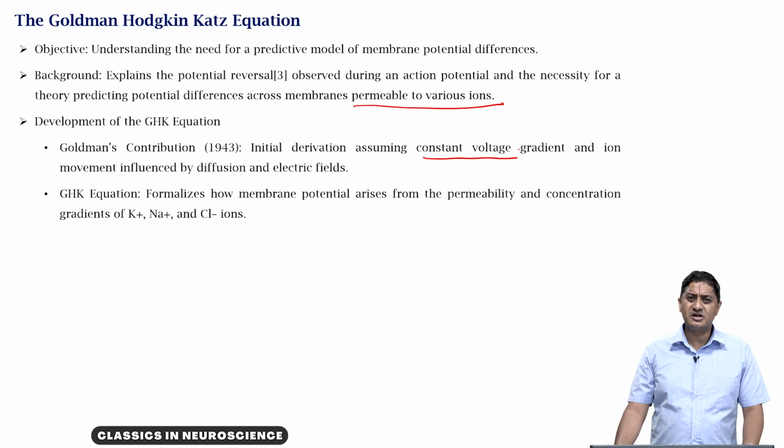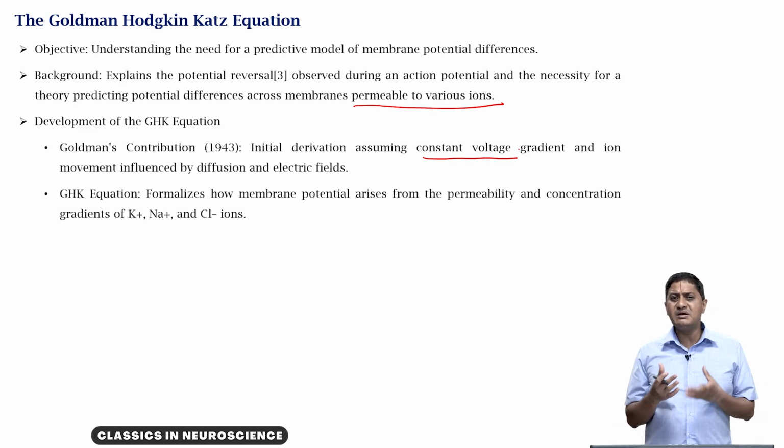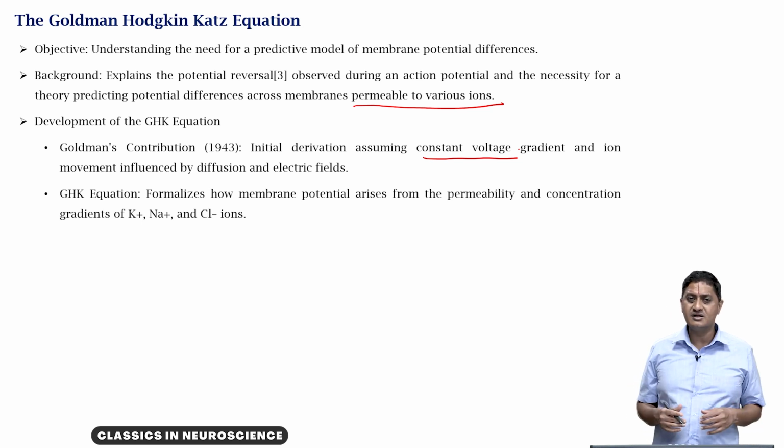This Goldman-Hodgkin-Katz equation, the GHK equation, essentially formalizes how membrane potential arises due to permeability of the membrane to different ions. Remember, different ions have different amounts of permeability. Selective permeability is there, but also the quantum of permeability varies, and concentration gradient. So, there are two things. One is the permeability, the other is the gradient itself.